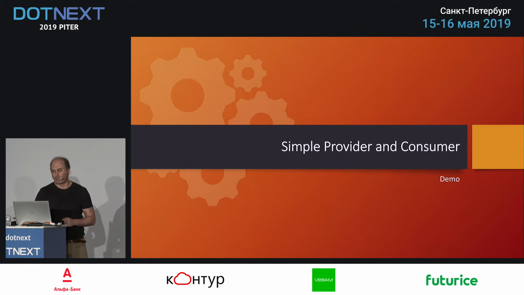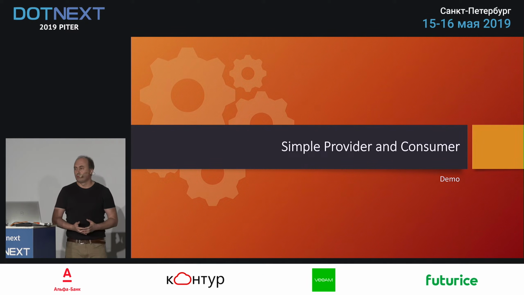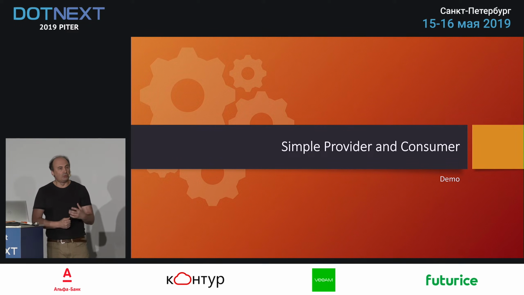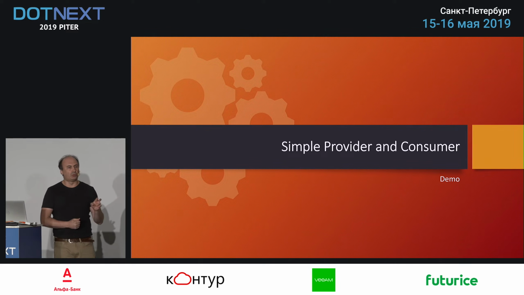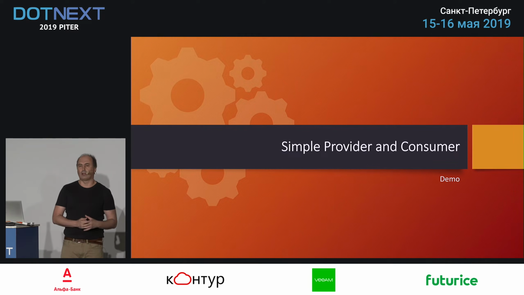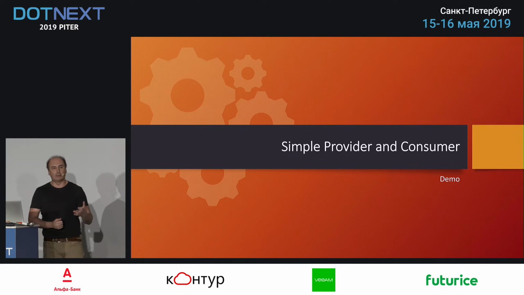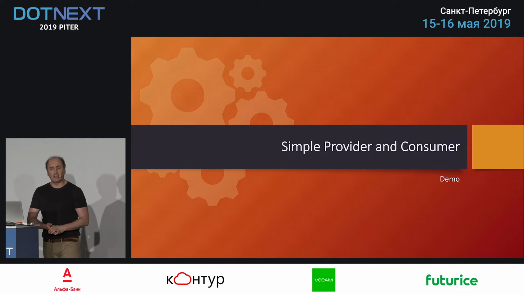So let's start with a simple provider and consumer, just to show you how I can be a provider. Because in many applications, in fact, I would say in all applications, you need to do some logging. Maybe you're using something very simple like Debug.WriteLine or Trace.WriteLine. The problem with that is, first, Debug.WriteLine by default doesn't get produced in release builds.